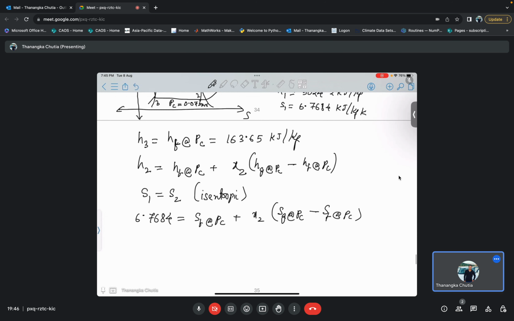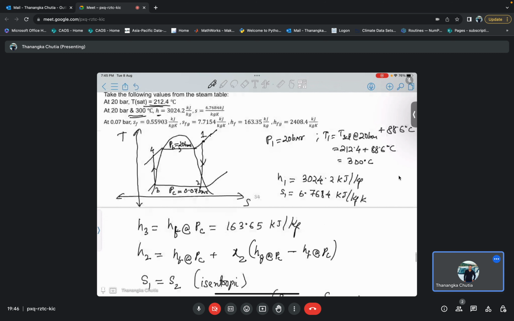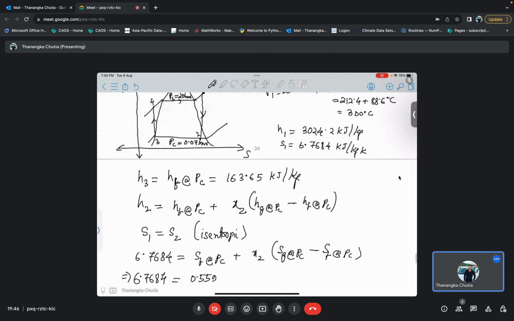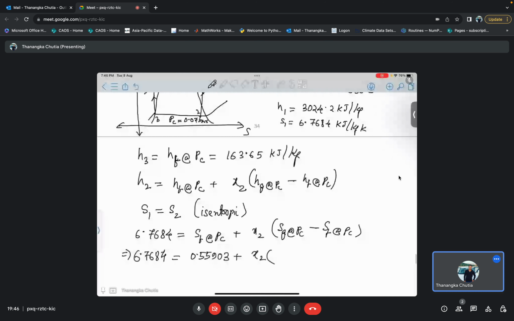So 6.7684 is equal to Sf at Pc, which is 0.55903, plus X2 times Sg, which is 7.7154 minus 0.55903.